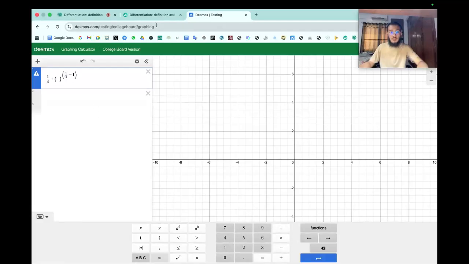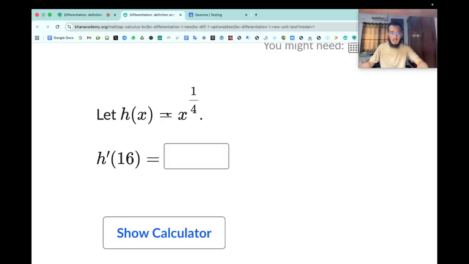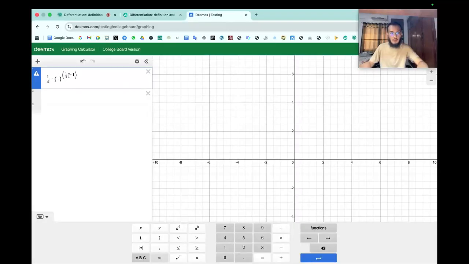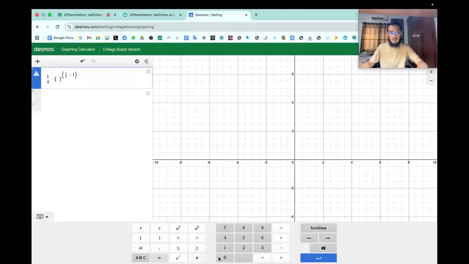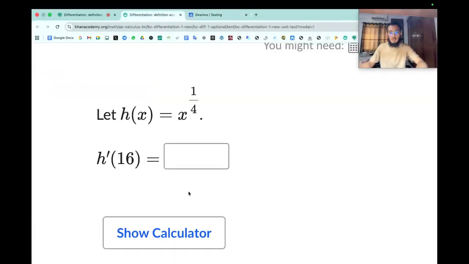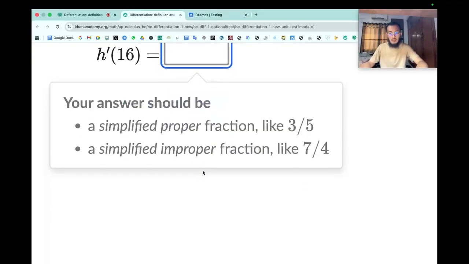This is the differentiated value. So we take this 1 here, multiply it by 1 by 4, reduce the power by 1, and we plug in 16 in order to find the differentiated value, which is this value.